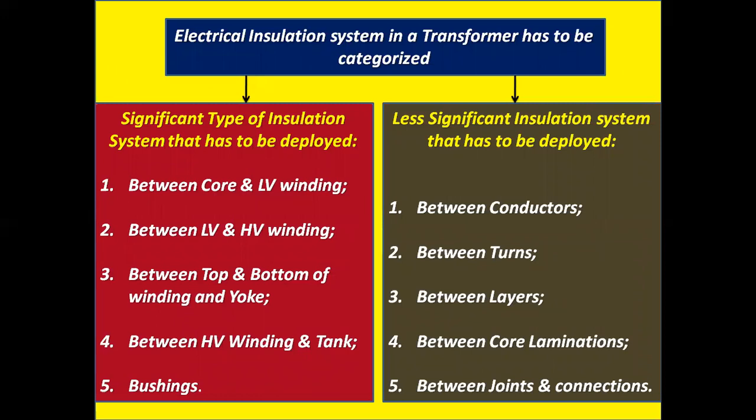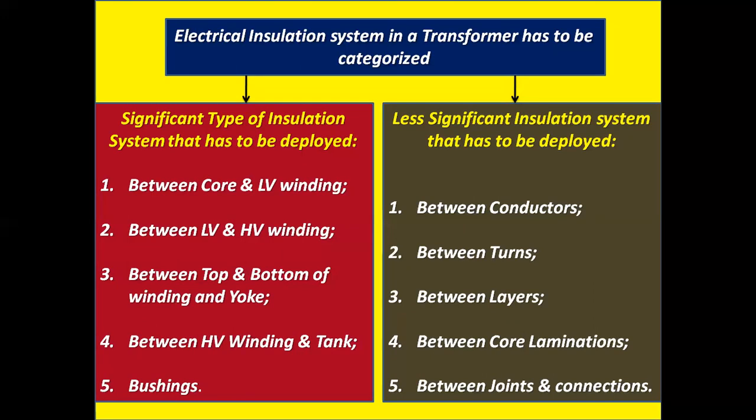Electrical insulation system in a transformer has to be categorized. One, significant type of insulation system that has to be deployed. Number one, between the core and the LV winding. Number two, between LV and HV winding. Number three, between top and bottom of winding and yoke. Number four, between HV winding and tank.